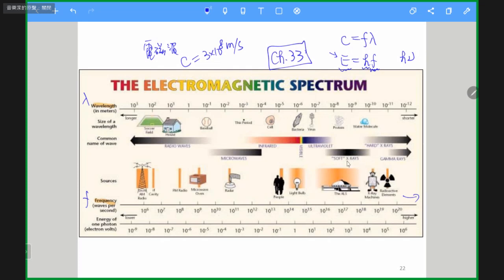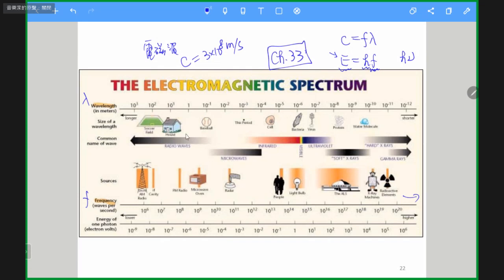X-ray is slightly weaker than the gamma ray, and then here we can see the visible light, 可见光. And then for slightly lower energy, it is ultraviolet, 紫外线, and on this side infrared is 红外线. Then for even lower frequency, we have microwave and then radio wave.